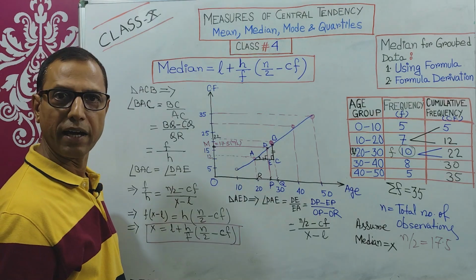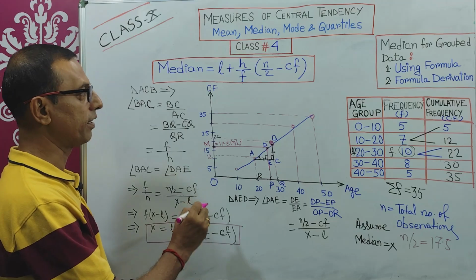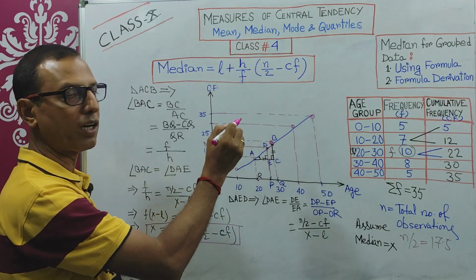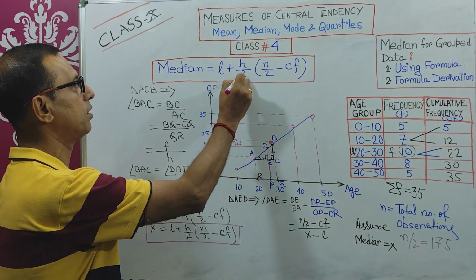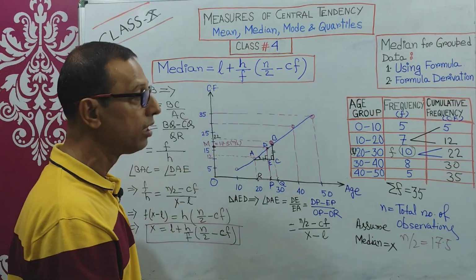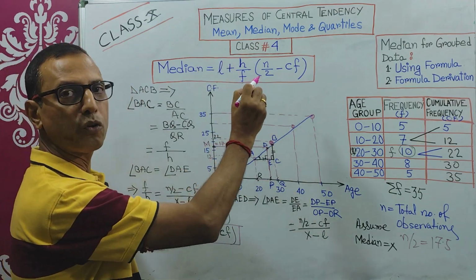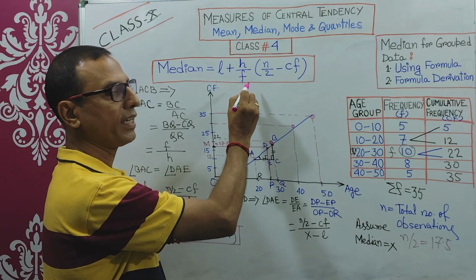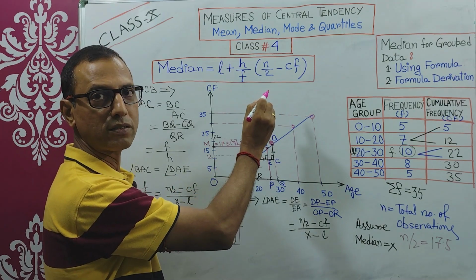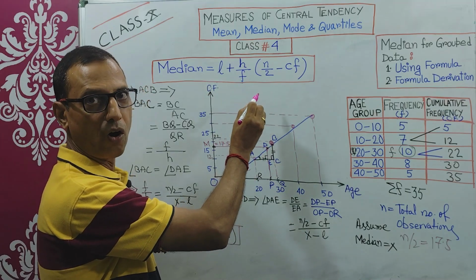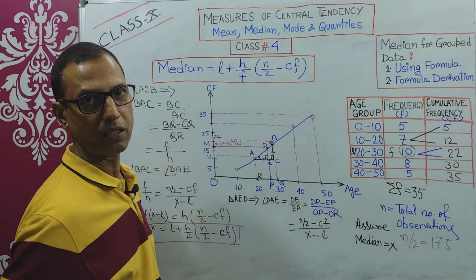Nobody will ask you to derive the formula in the exam, but this is just for your understanding, so that you will understand where this kind of odd formula, L plus H by F into n by 2 minus CF, is coming from. It is just for your understanding of how the formula that you are utilizing to determine the value of median for grouped data, or the continuous data, is coming.